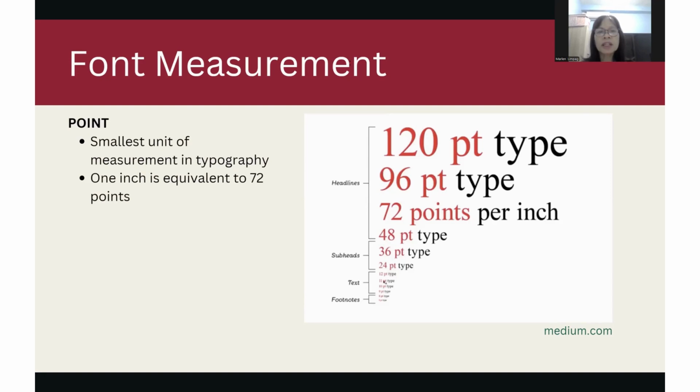On the other hand, the 9-point to 12-point sizes can serve as body text, and 8-point and 6-point sizes can be for the footnotes.